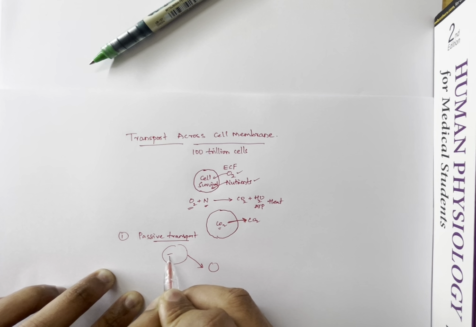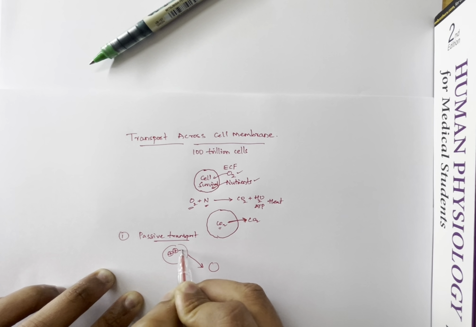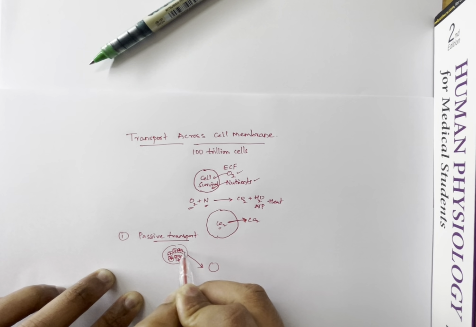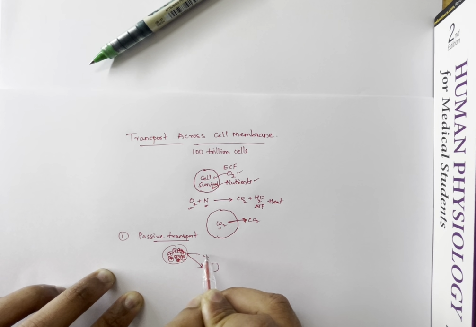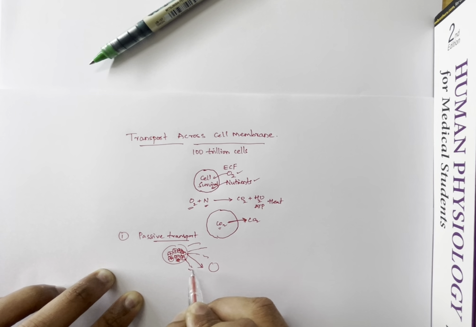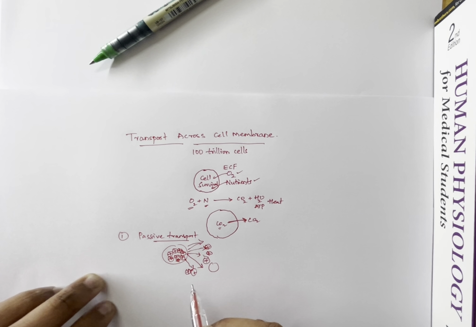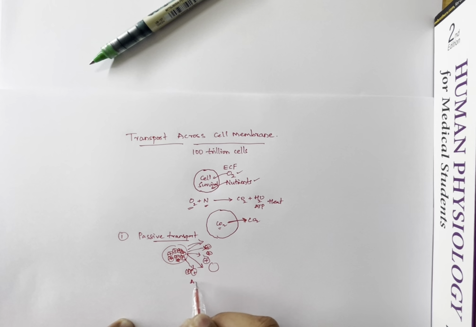So consider there is more concentration of substance here. Along the concentration gradient, these substances will diffuse, spread out. So movement of substances along the concentration gradient is passive transport. There is no ATP utilization here. The movement is by only the kinetic energy.